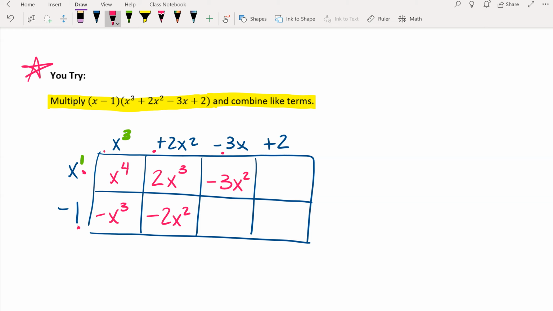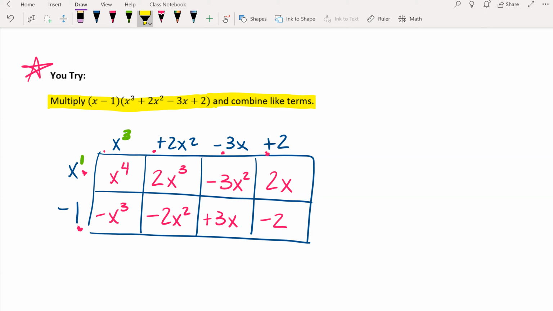Negative 1 times negative 3x, a negative times a negative flips the sign, so it's positive 3x. x times 2 is 2x. And then negative 1 times 2 is negative 2.